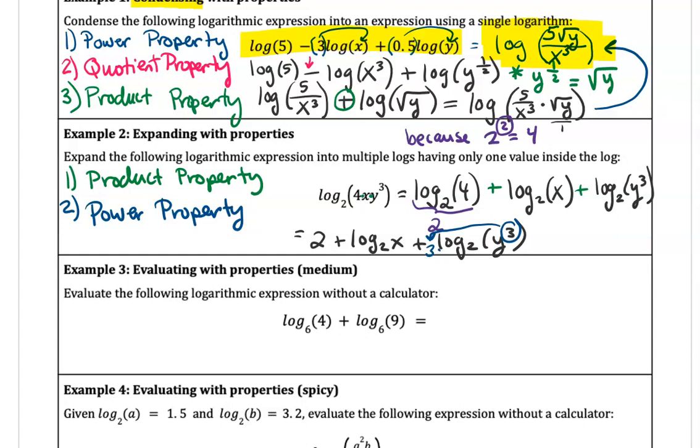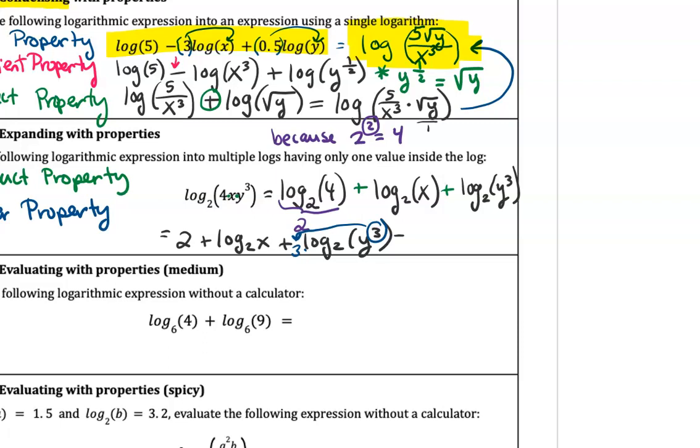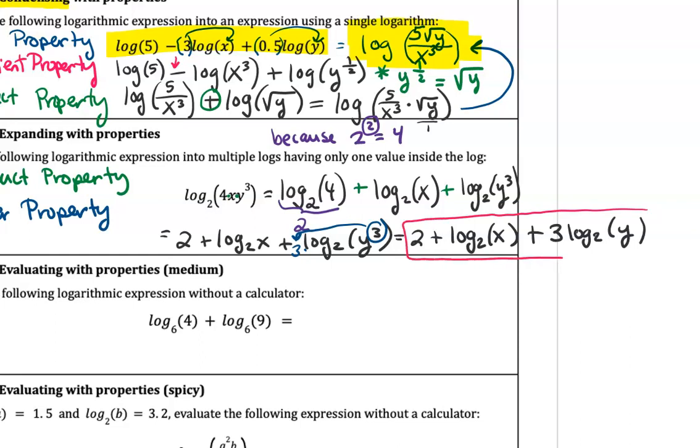So my fully expanded answer would be 2 plus the log base 2 of x, and then plus 3 times the log base 2 of y. And that is as far as this can go because there's no other quotients, powers, or products.